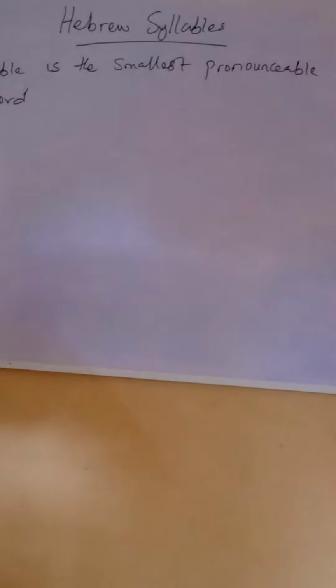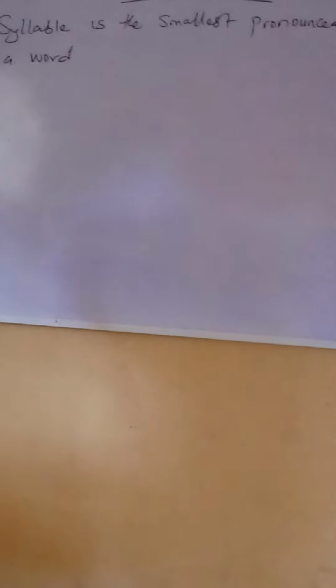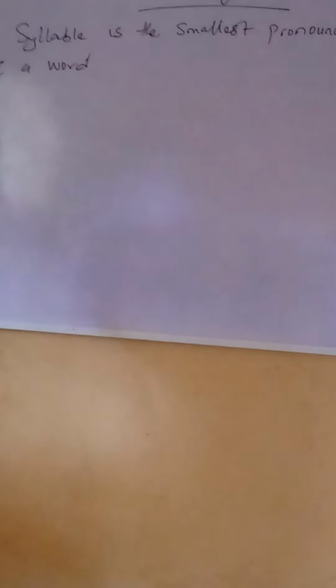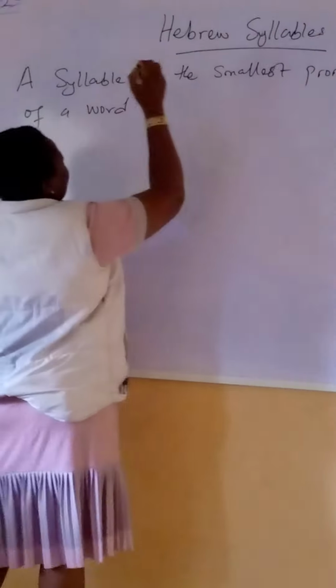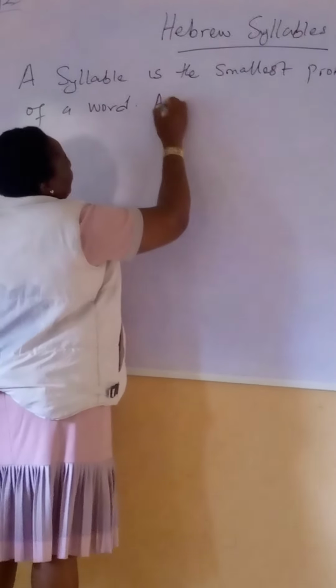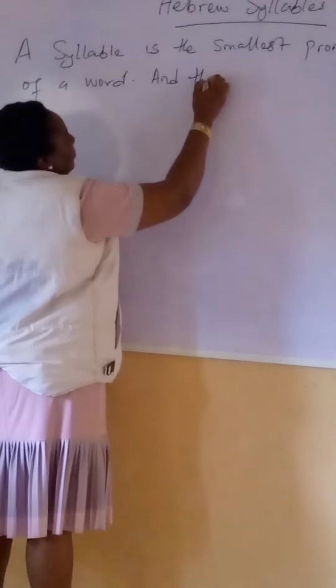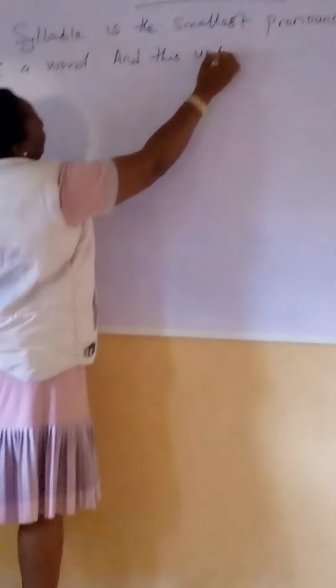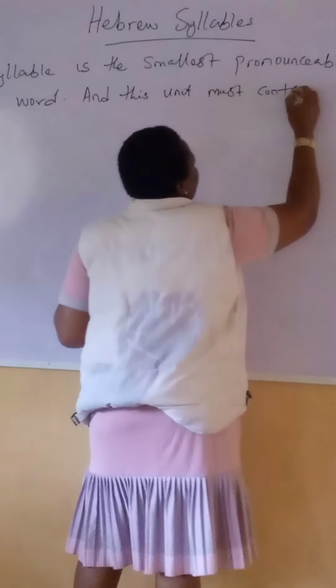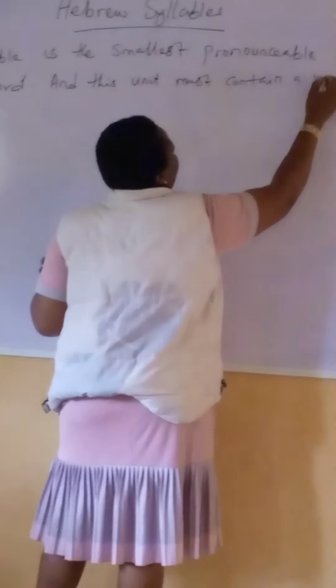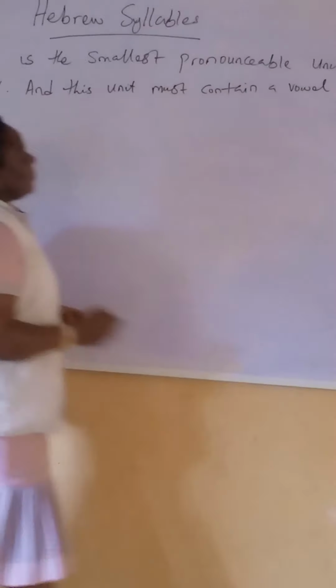The smallest pronounceable unit of a word is called a syllable. And this unit must contain a vowel.